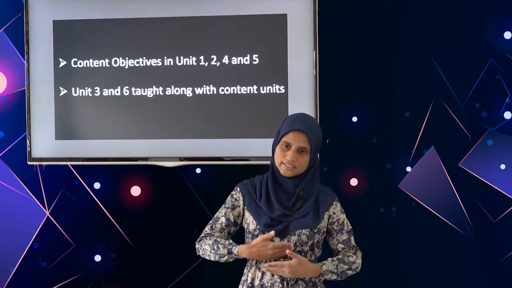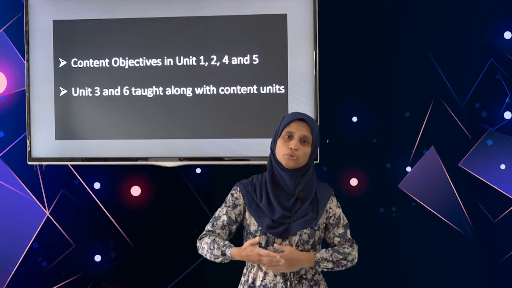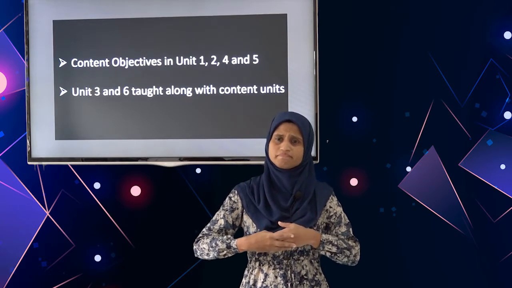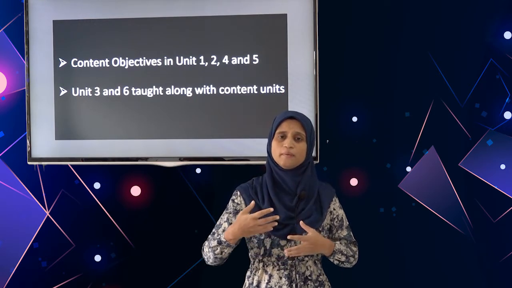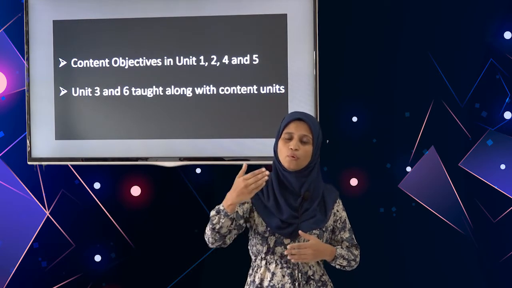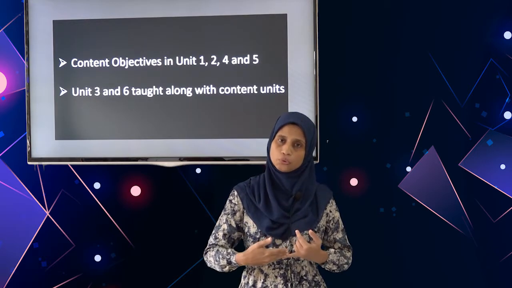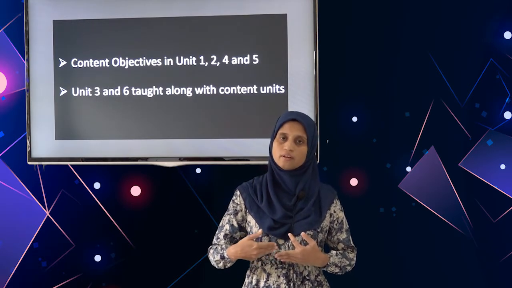This means when you are studying Unit 1, you will have to revise, understand and be able to apply the practical skills of all the content that is being taught in Unit 1. The same goes for Unit 2, Unit 4, and Unit 5.